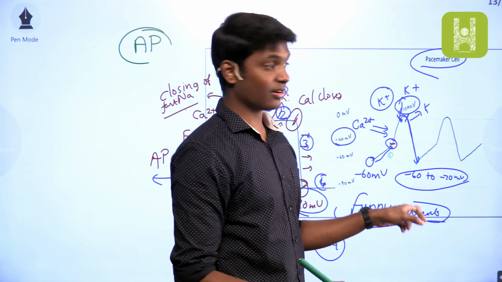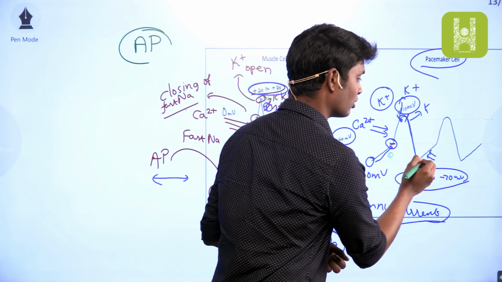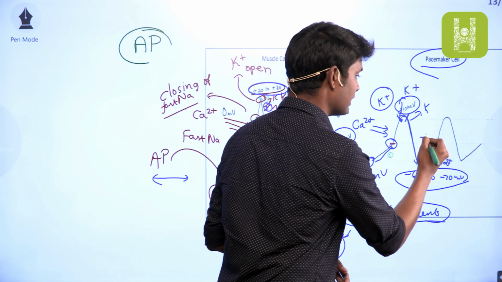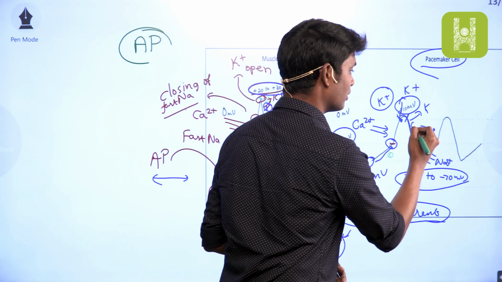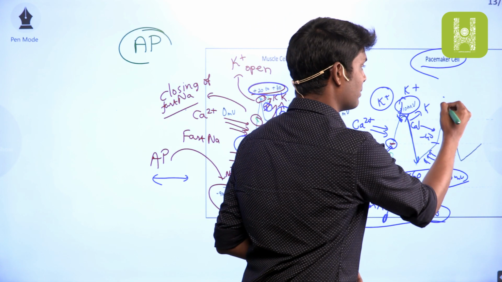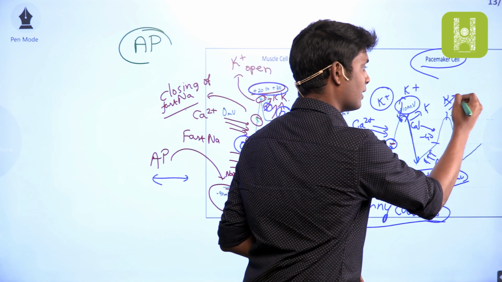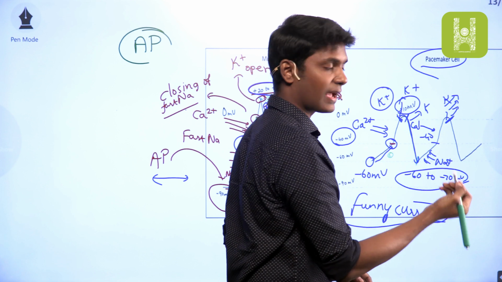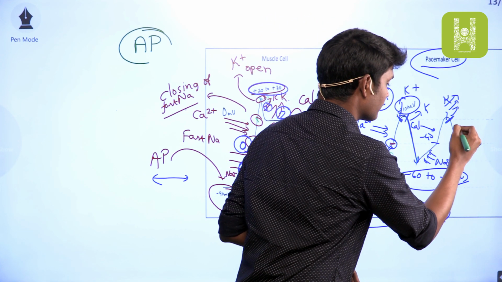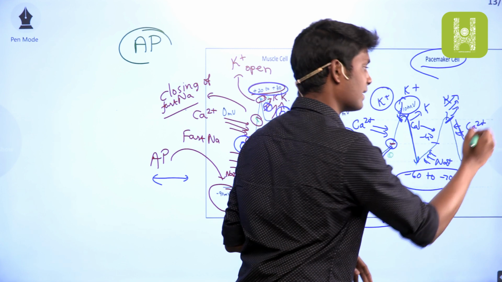Once it reaches minus 60 to minus 70 millivolt, again these funny current sodium channels will open, so that sodium will again go inside slowly, and once it reaches minus 40 there will be calcium inflow, and once it reaches 0 or plus 10 the potassium channel opens and there is a loss of potassium, and there is also closing of the calcium channel after some time, so that there is no inflow of calcium.